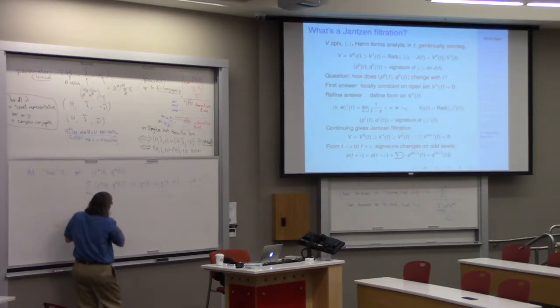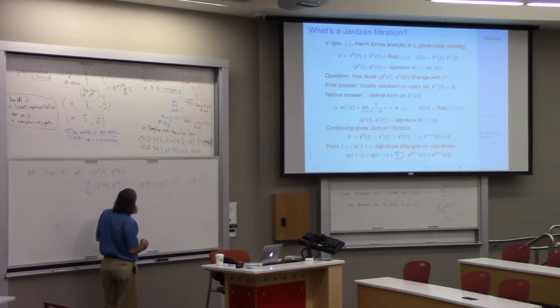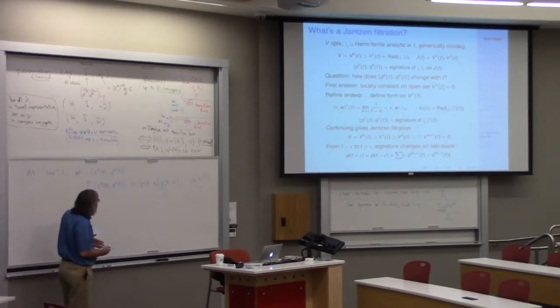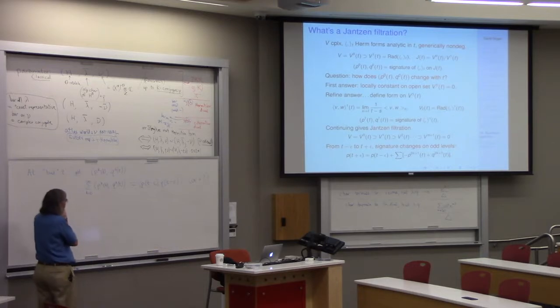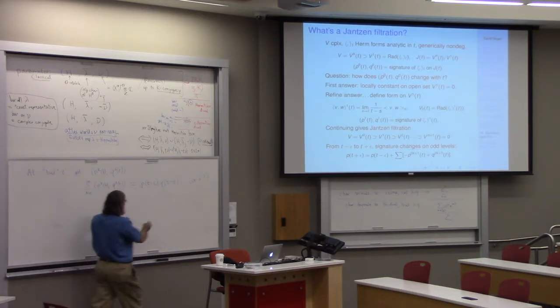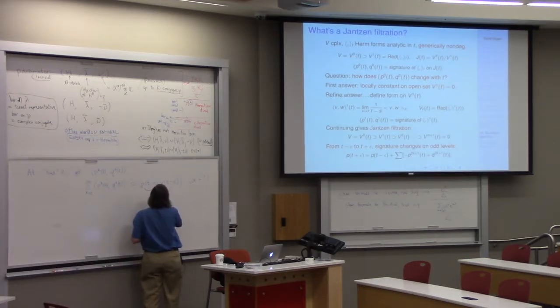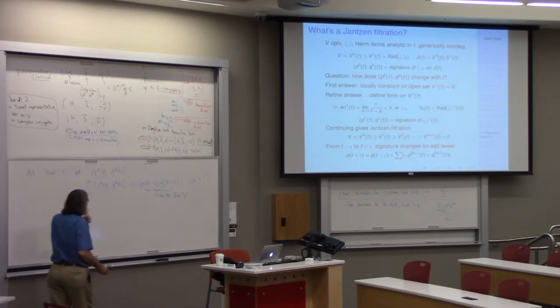These forms reflect what's happened at slightly smaller values, and these things sum to the dimension of V.